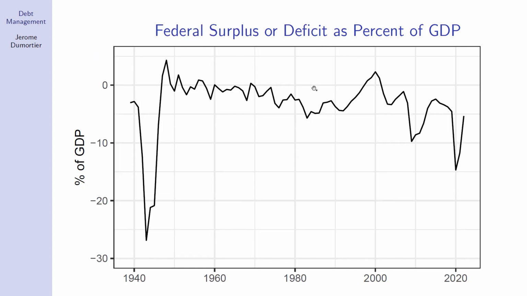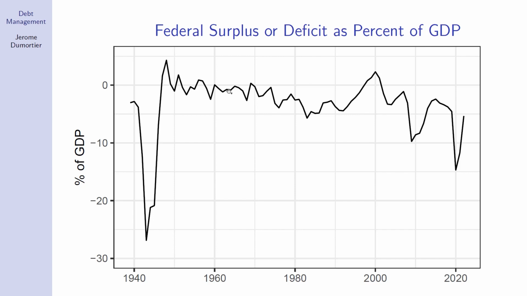We talked about the difference between debt, which is a stock variable, and the deficit, which is a flow variable. And here you can see the federal surplus or deficit as a percent of GDP over the recent decades. And you see that in the past, only in the late 90s and beginning of 2000, we actually had a budget surplus.